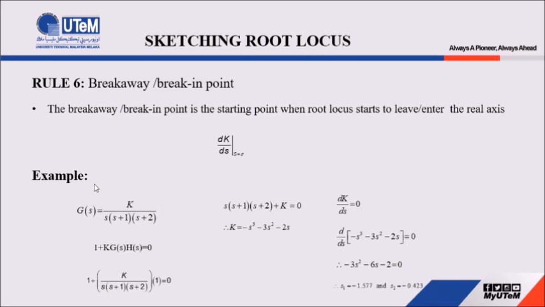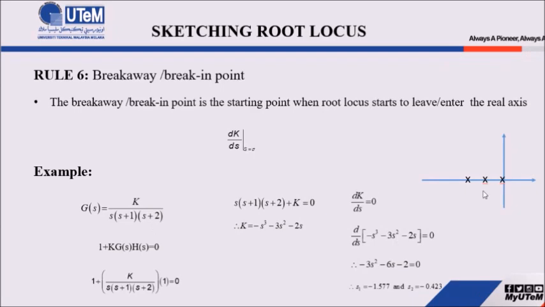So come back to this G(s). From this system, we know that the system consists of 3 poles and no zeros. The location of the poles is at 0, -1, and -2. From this location of poles, the breakaway point will occur between these 2 poles, close to the j omega axis.